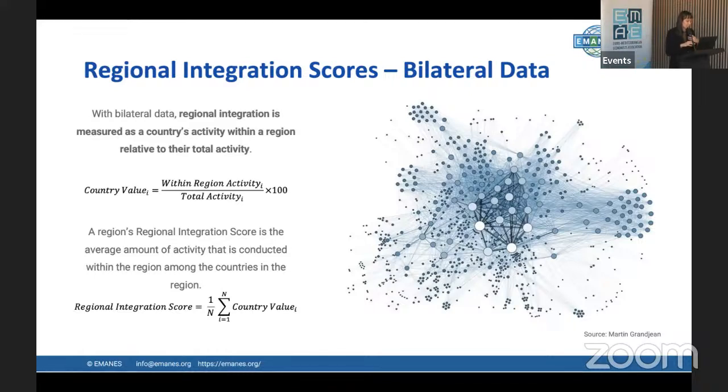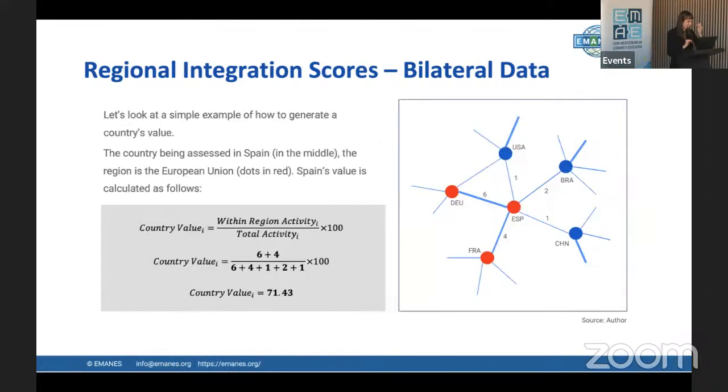I'll give an example. This is a simple network of countries. It's not any real data; I just made it for illustrative purposes. The idea here is that Spain, France, and Germany are within the same region.